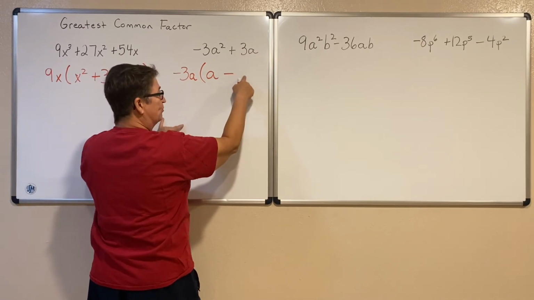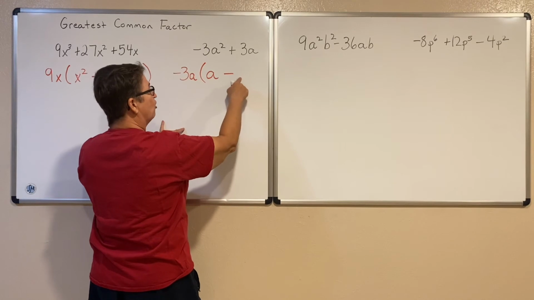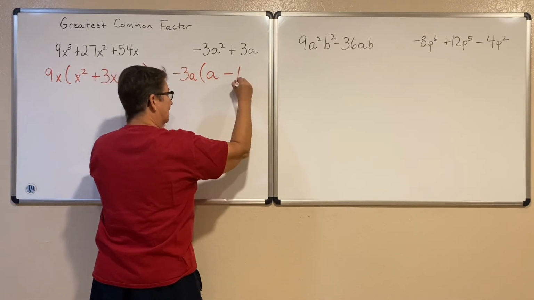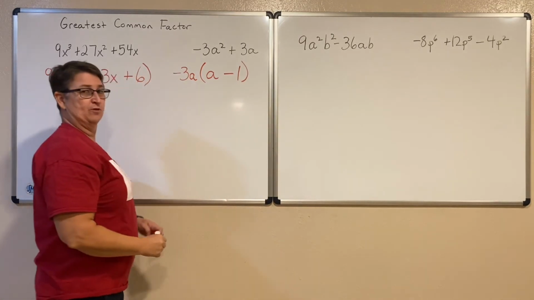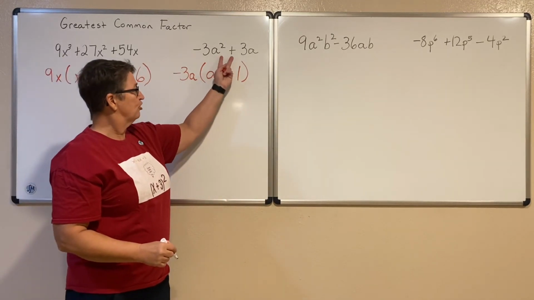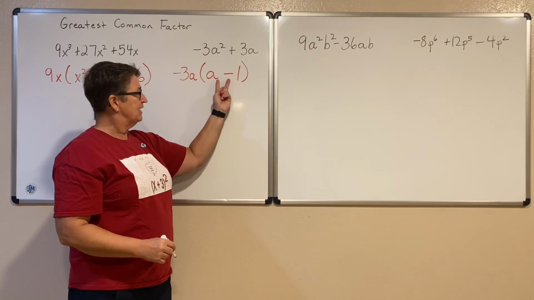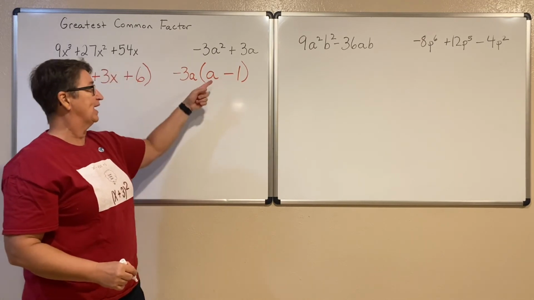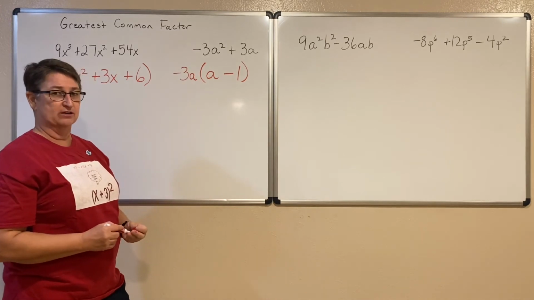So I was multiplying by a negative 1. This had 2 terms in it, so inside my parentheses needs to have 2 terms so I can get back to that product.